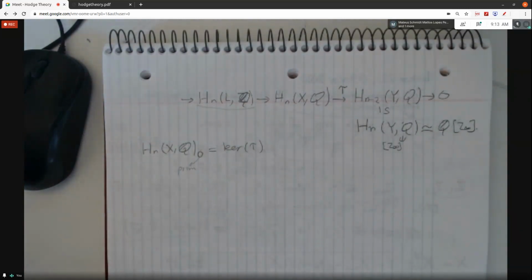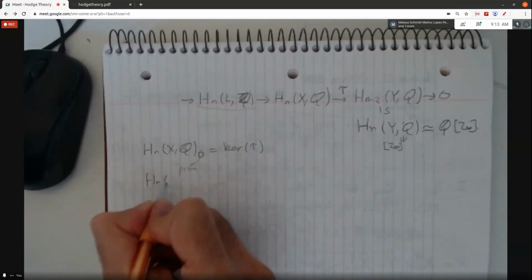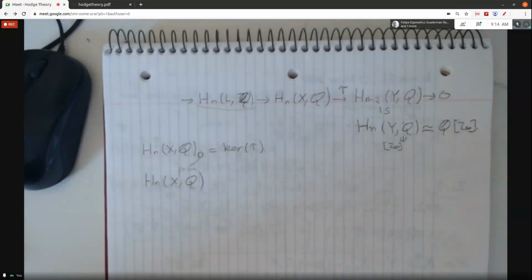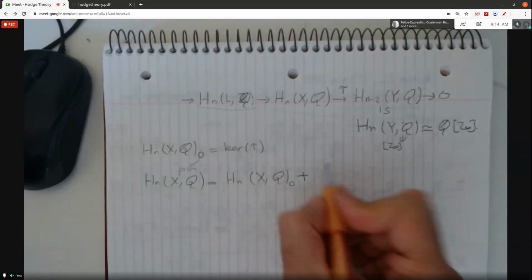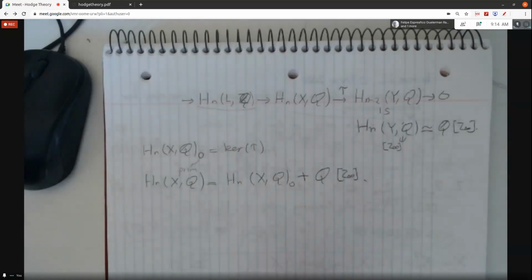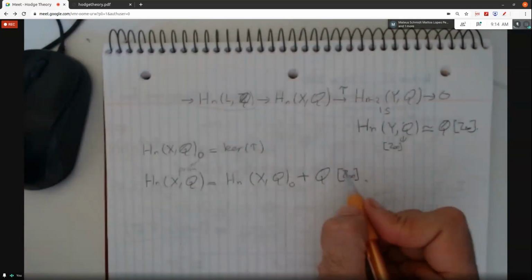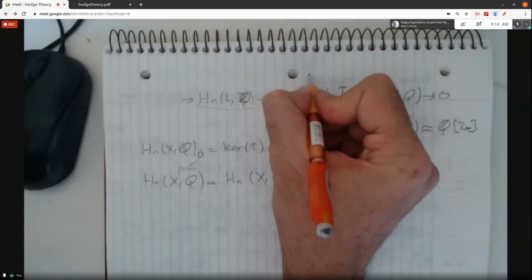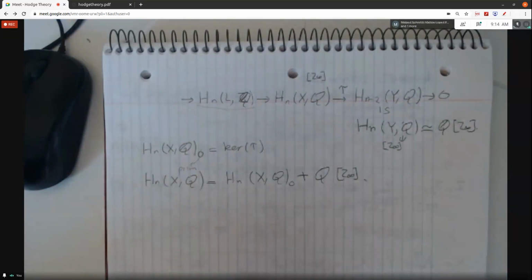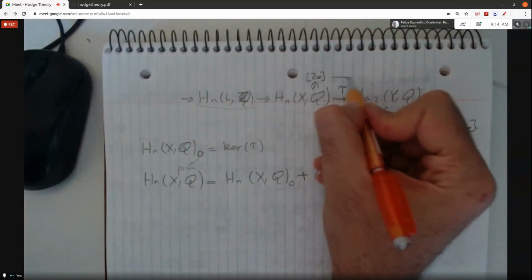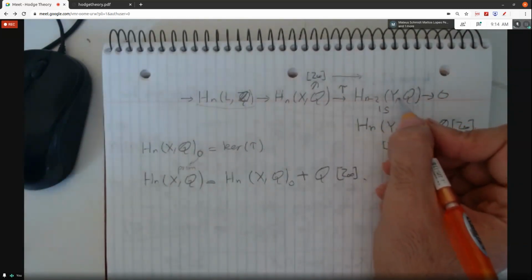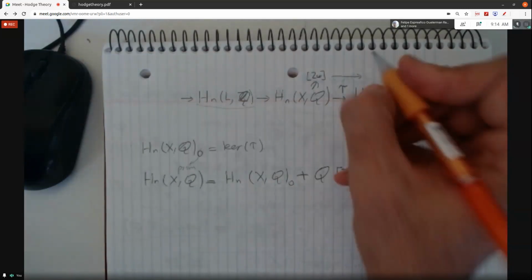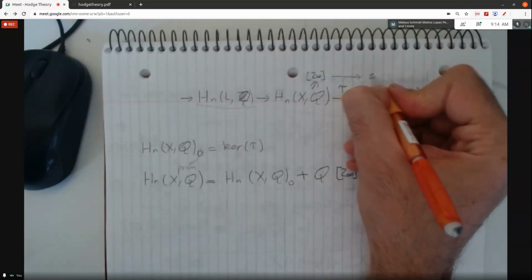And okay, so it turns out that, let's say, H_n(X, Q) is just its primitive part plus this Z infinity part, and the reason is that if you go Z infinity here, the Z infinity maps to something non-zero.